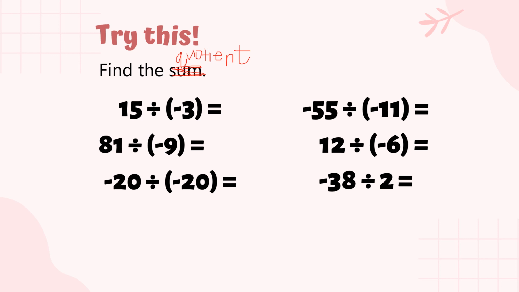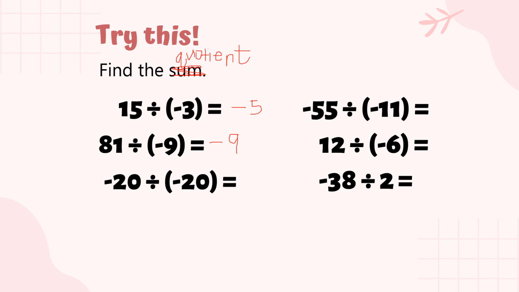Of course, they have different signs. Positive divided by negative is negative. 15 divided by 3 is 5. So the result is negative 5. 81 divided by negative 9. Since they have different signs, the result is negative. 81 divided by 9 is 9. So the result is negative 9.